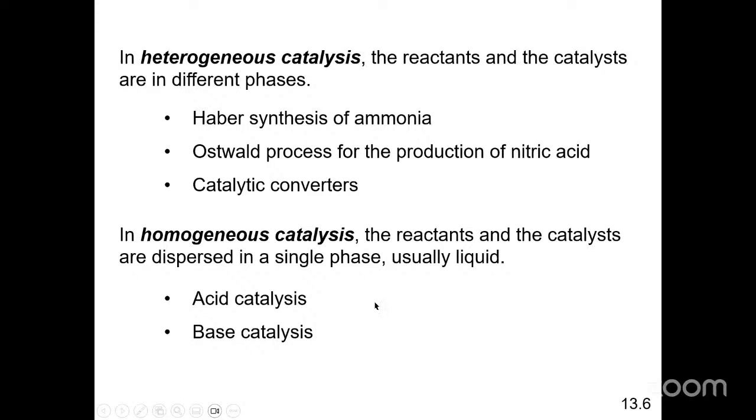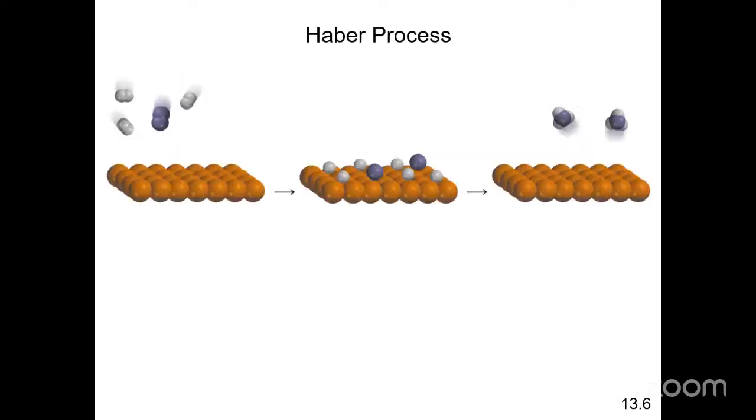Now, going back to the heterogeneous catalysts, I mentioned the Haber synthesis of ammonia as a good example. The Haber synthesis is a very important reaction that was discovered by a man by the name of Fritz Haber, who was a Jewish chemist. This is the reaction right here to form ammonia, right?